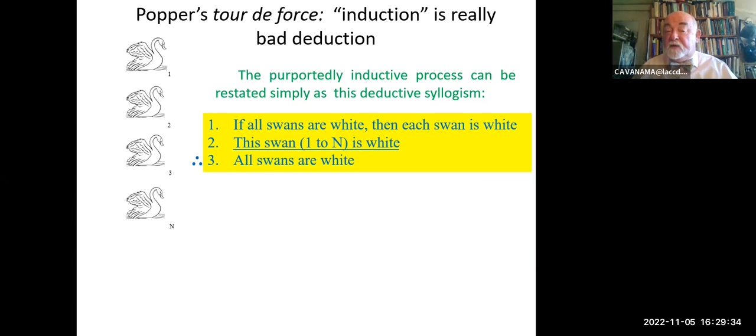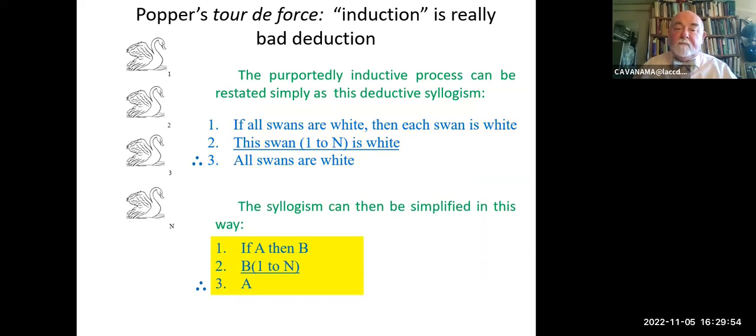So we would say, in conditional syllogism form, if all swans are white, then each swan is white. And so I go around looking at swans and I say, oh, here's a swan that's white. Swan 1, swan 2, swan 3, swan n, whatever the number n is, is white. Therefore, collectively, I say all swans are white.